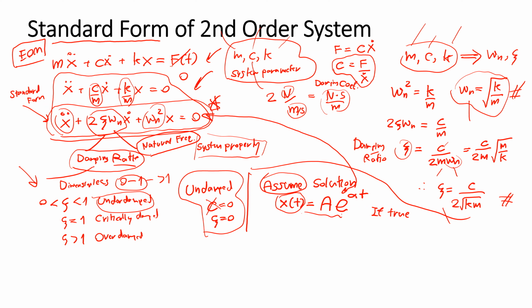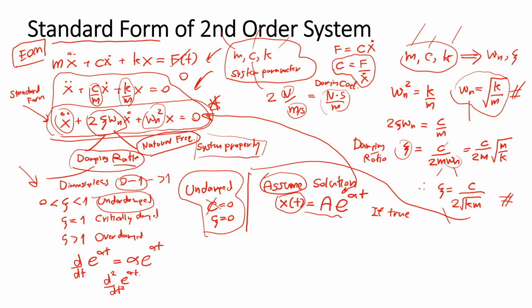You may remember that d/dt of e to the power alpha t equals alpha e to the power alpha t, when alpha is constant.